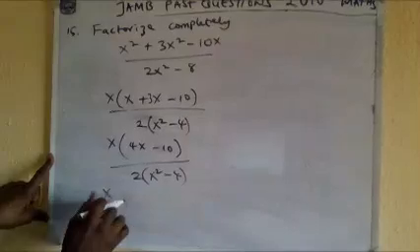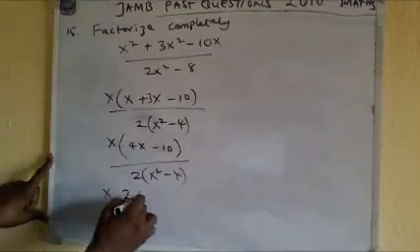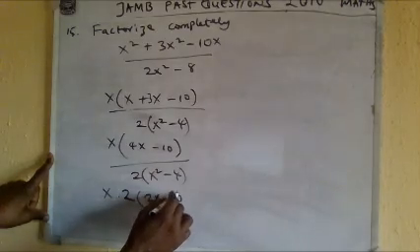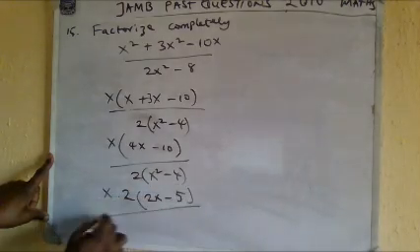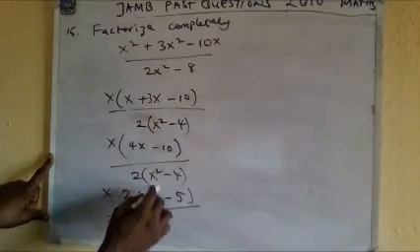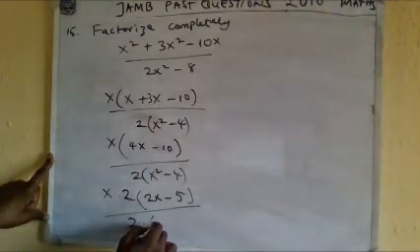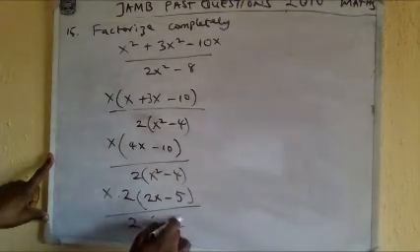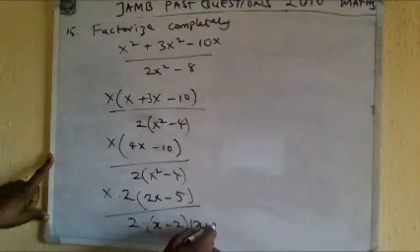Let me just say dot 2 comes out. And what is left here is 2x minus 5 all over 2 dot, this one too is difference of two squares. x squared minus 4 is x minus 2 and x plus 2.